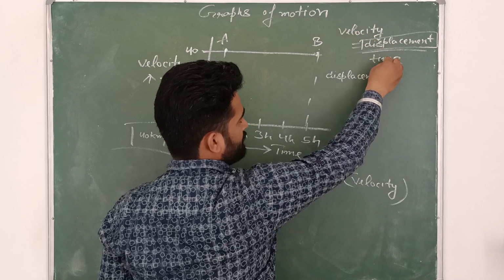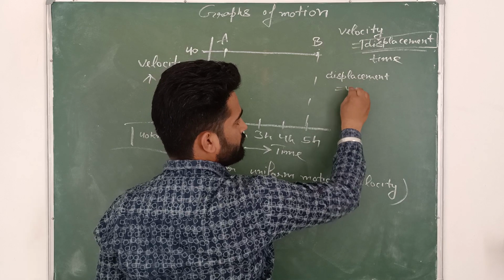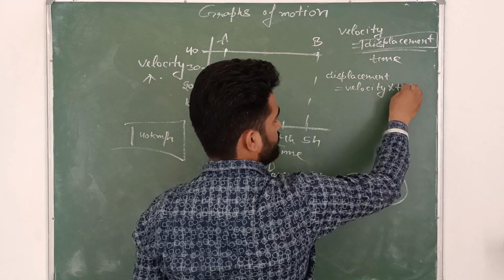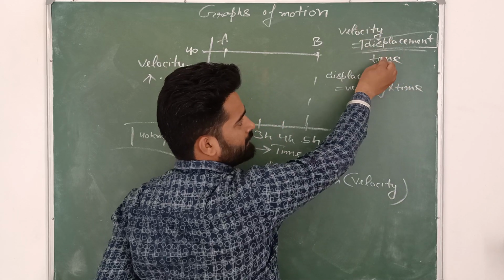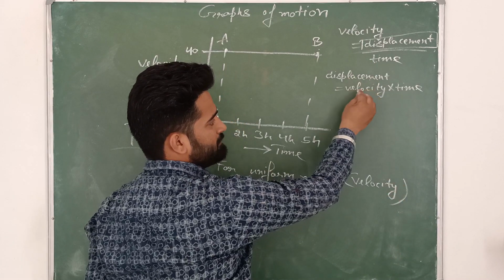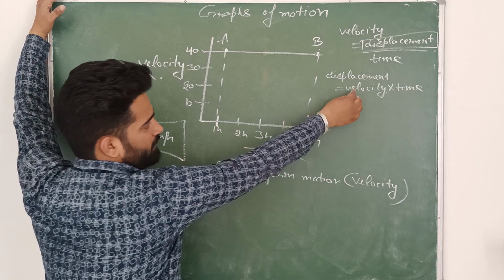The formula of velocity is displacement by time. Then what is the formula of displacement? Velocity multiplied by time. When time goes to this side, it is multiplied with the velocity. So the formula of displacement is velocity multiplied by time. What is the velocity here?